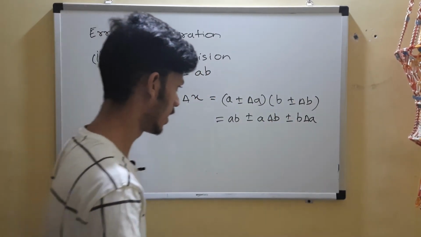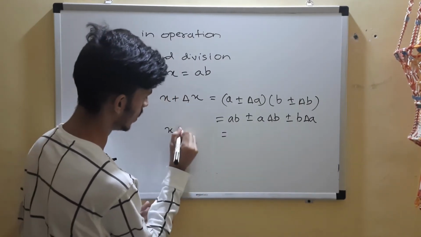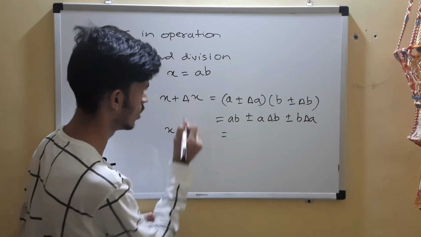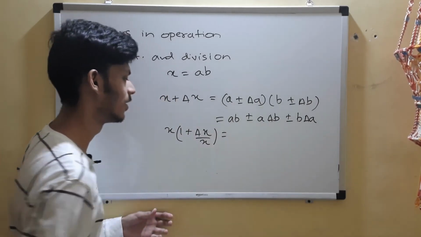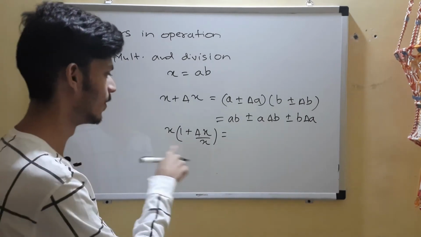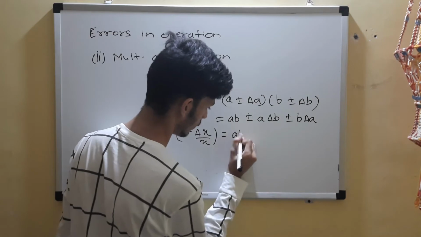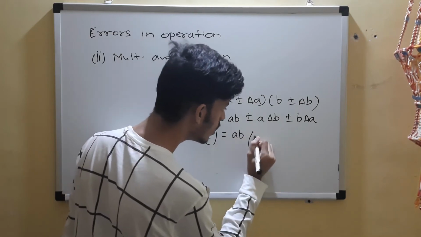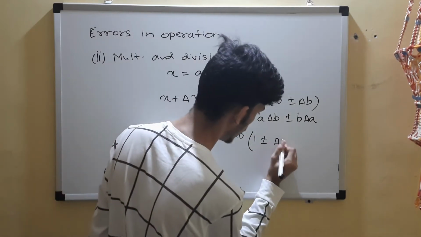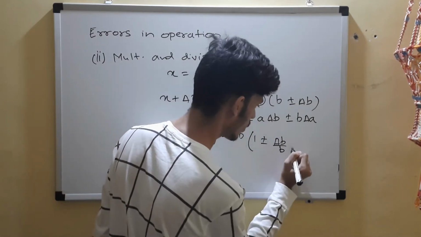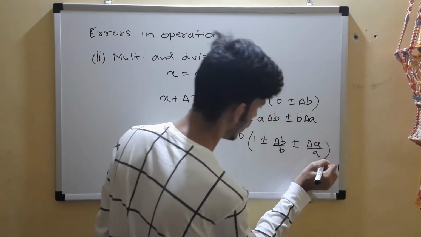That term is neglected. So what I want you now to do is take x common from here. How can you take x common? Divide by x. Doing that, you will reach here. And take ab from here. Here there is a, there is no b, so you divide by b. Here there is b, there is no a, you divide by a.